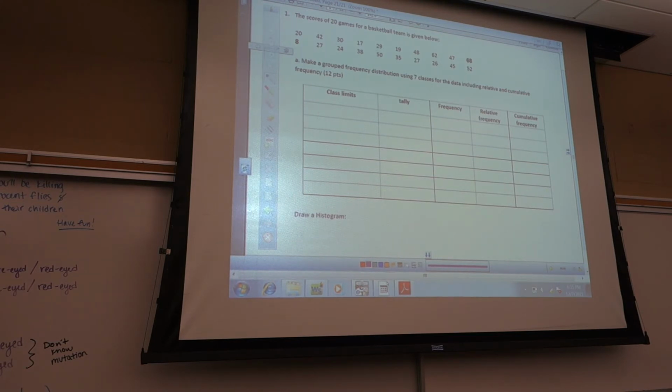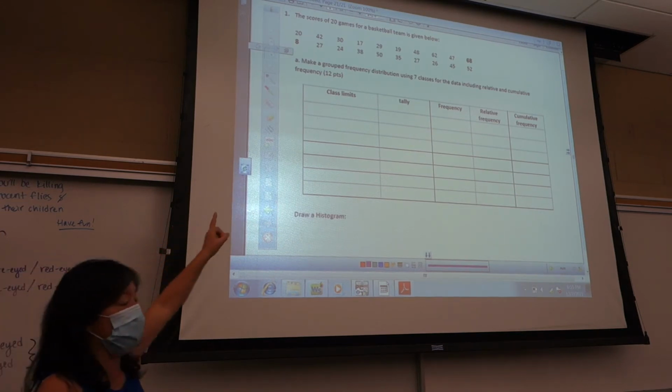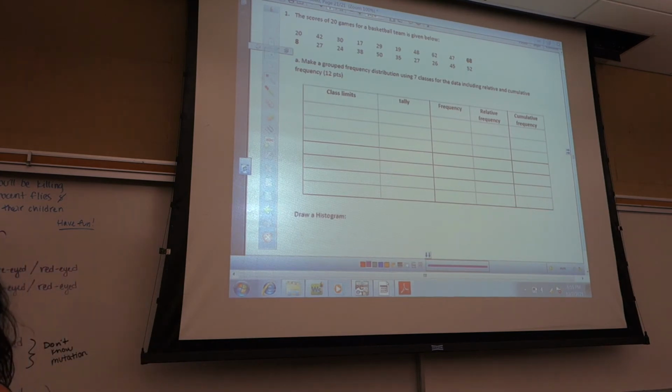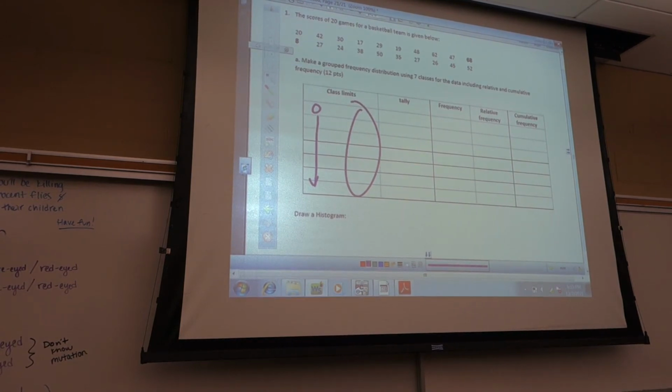So the very first number had better be 0 or 1. I would say ideally 0, but if you did 1, that's fine. Then find all your lower class limits and your upper limits. Keep it easy to understand.